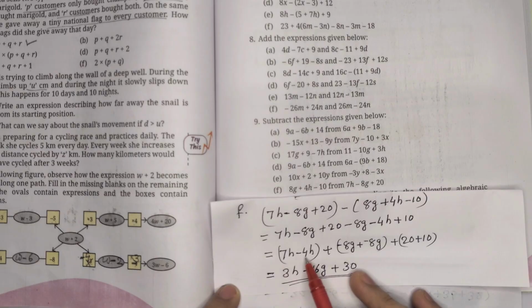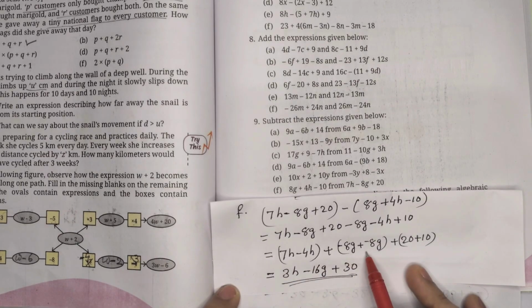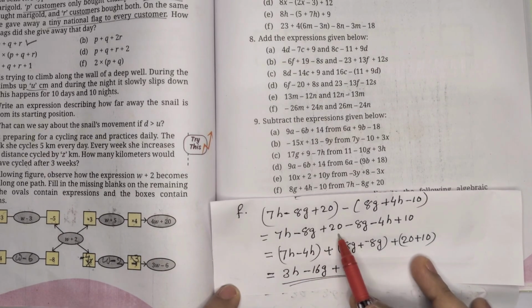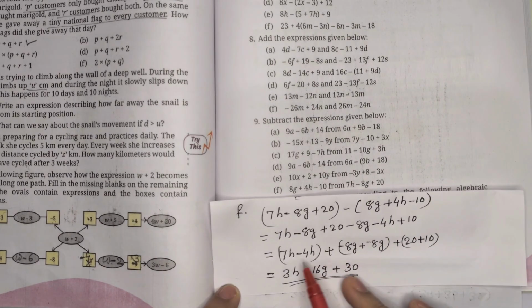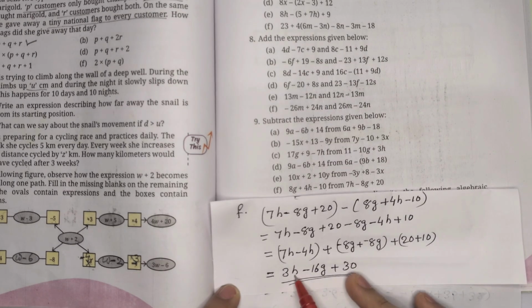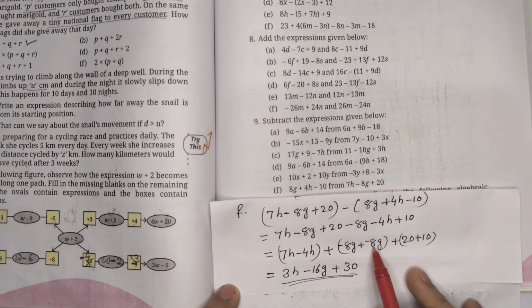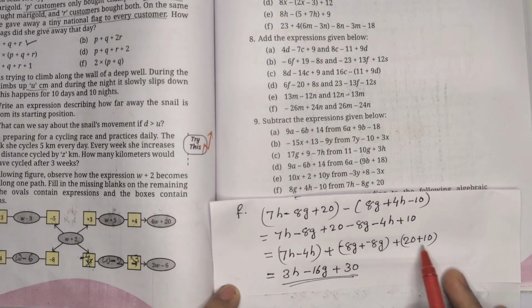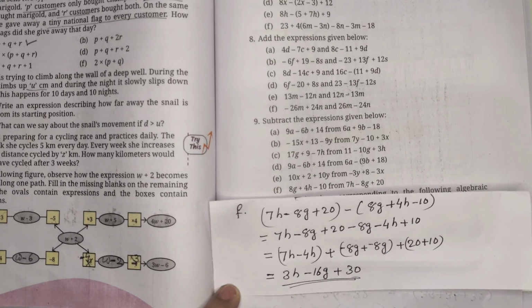Like terms together: 7h minus 4h, minus 8g plus minus 8g, and 20 plus 10. So it will come 7 minus 4, 3. So 3h, minus 8 plus minus 8, minus 16g. 20 plus 10, 30. So 3h minus 16g plus 30.